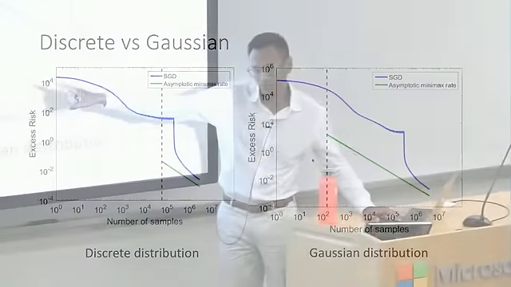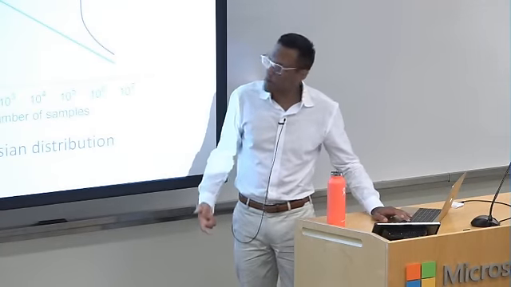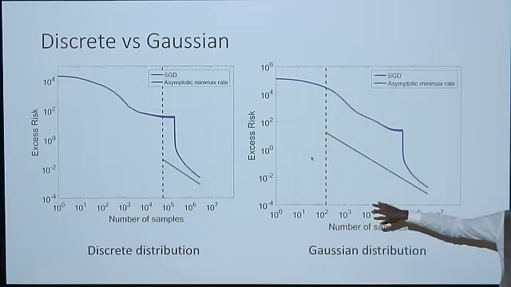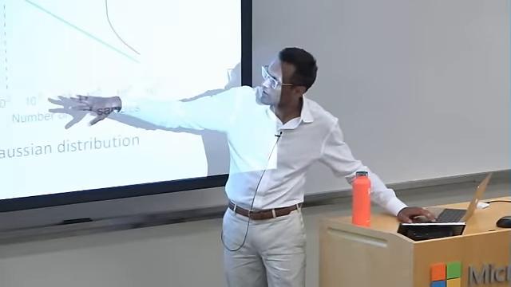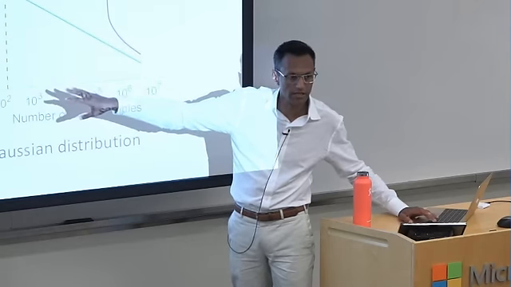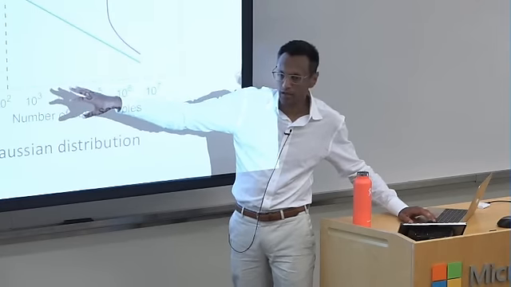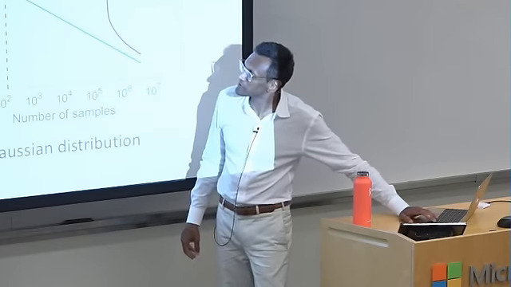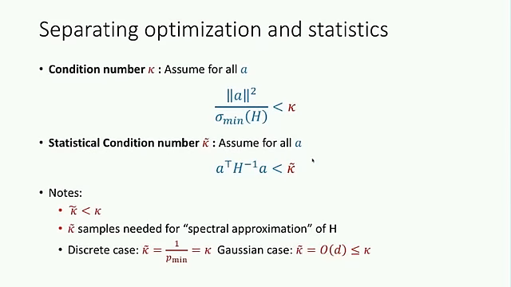Okay, so we'd like to say we can get an improvement in this case, but in the case on the left, we're basically optimal. So now we have to think statistically, because this condition number, the way we've defined it, is coordinate dependent. And we want a notion of how hard the problem is statistically that doesn't depend on coordinates. Sometimes people call this a leverage score, but let's just define it, and then I'll give the main result.